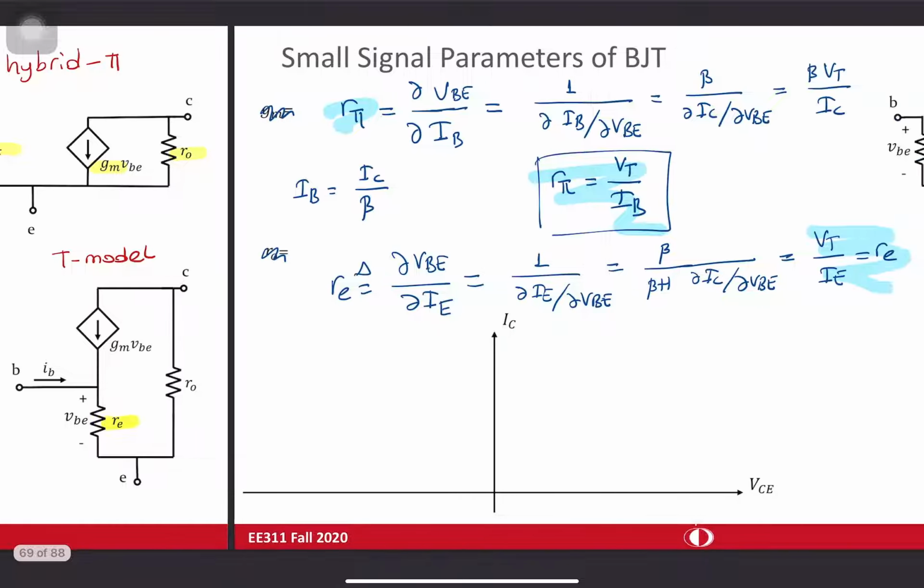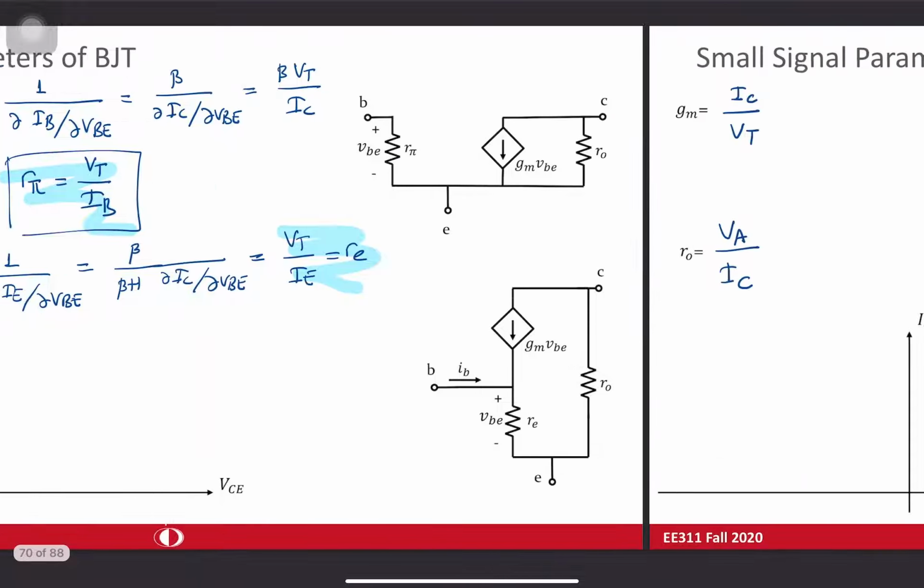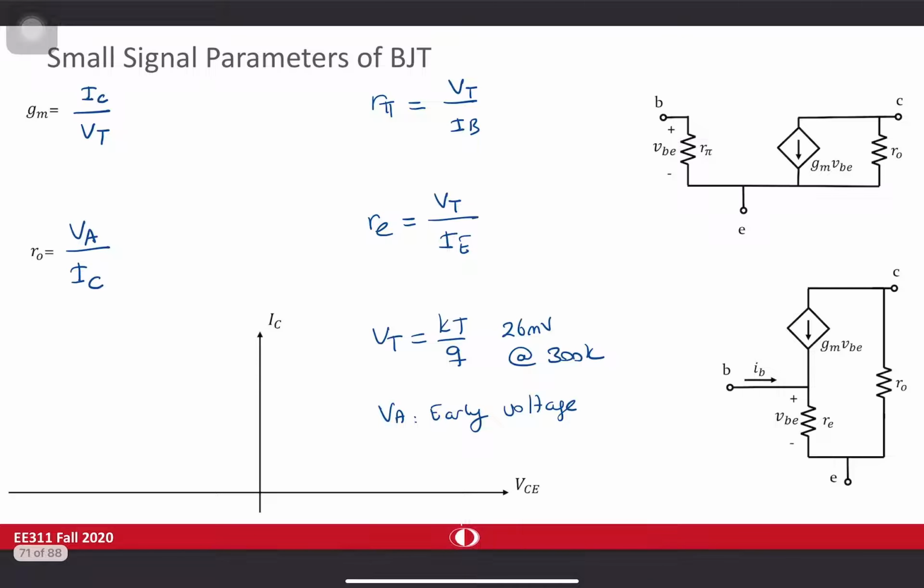But if you have any difficulty with these definitions, I told you that you can use this quick approach. GM is conductance, I divided by V. GM is appearing at the collector, so use collector current. For voltage, for GM, R-pi, and RE, you always use VT, which is like 26 millivolts at room temperature.